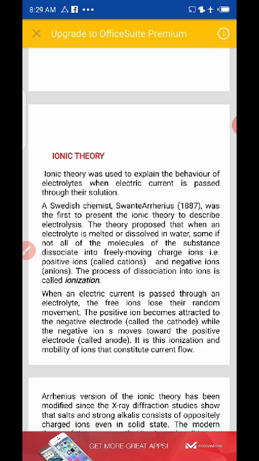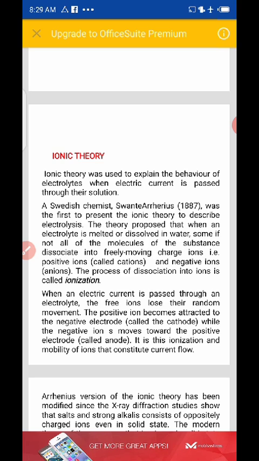The theory proposed that when an electrolyte is melted or dissolved in water, some, if not all, of the molecules of the substance dissociate into freely moving charged ions, that is, positive ions called cations and negative ions called anions. The process of dissociation into ions is called ionization.